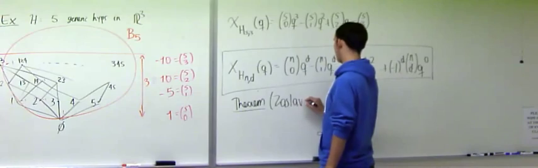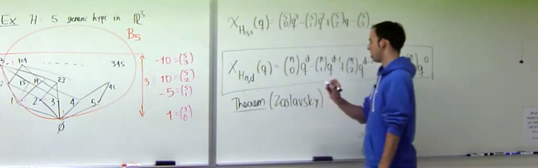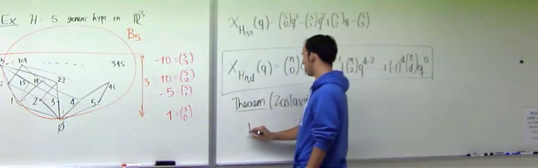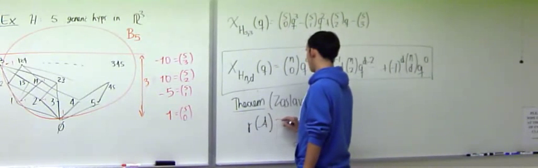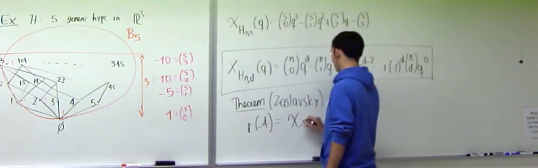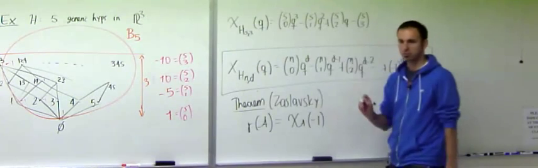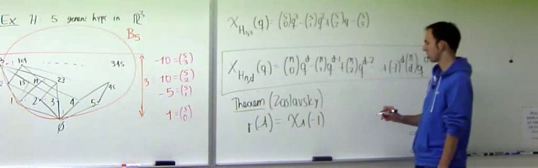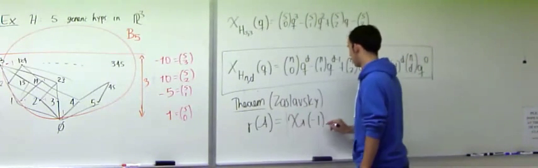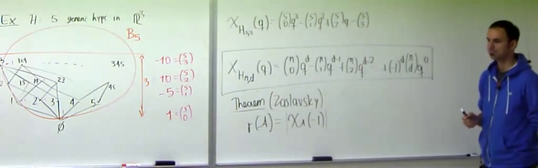Now, let me tell you a beautiful theorem. Theorem of Zaslavsky. The number of regions of an arrangement is just the characteristic polynomial evaluated at minus 1, and you take the absolute value.